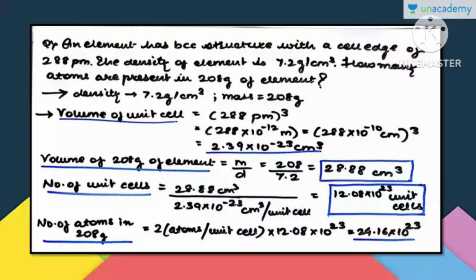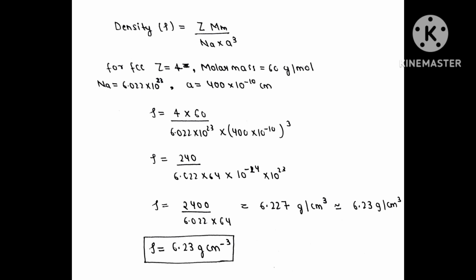Always remember this. Z is the total number of atoms, M is the molecular mass, here you can consider it as atomic mass, divided by a³ into Avogadro number N. From this relation you get the value of M.